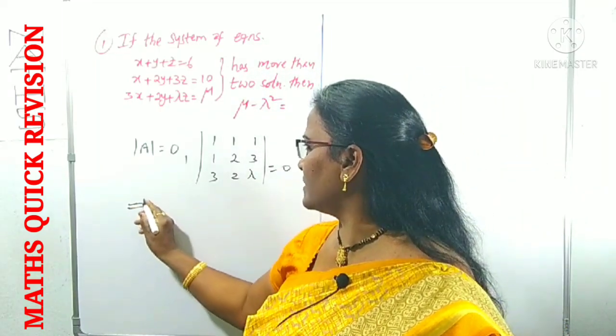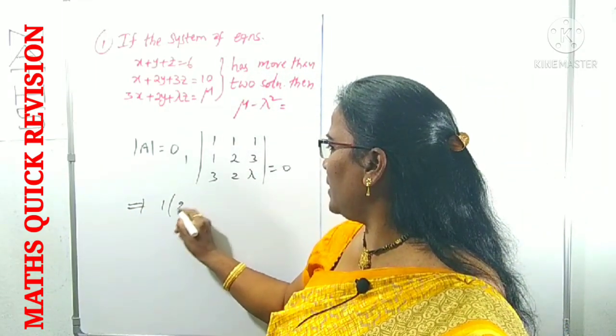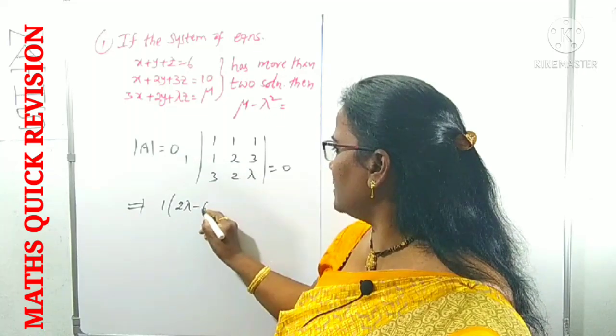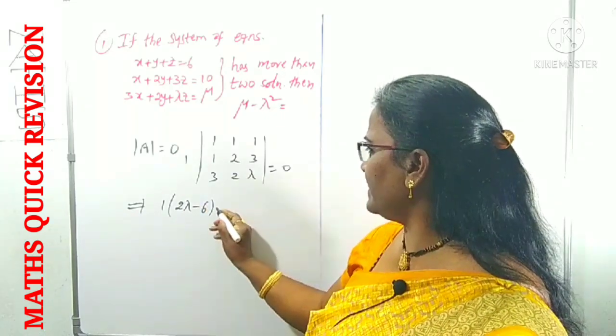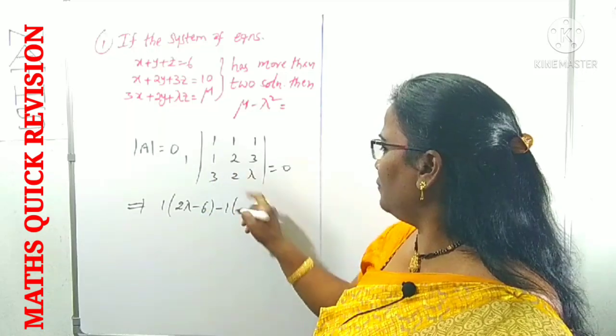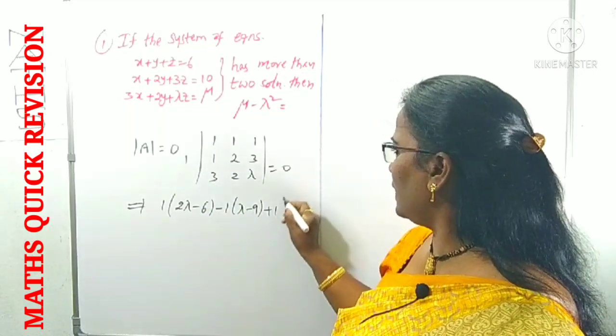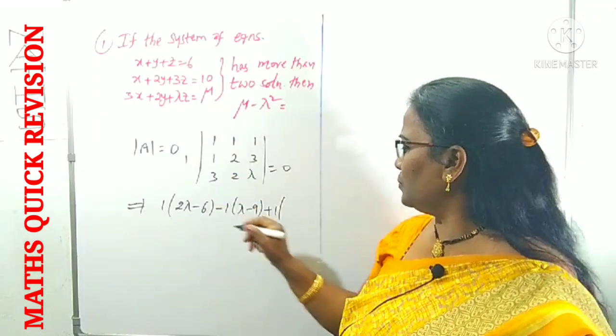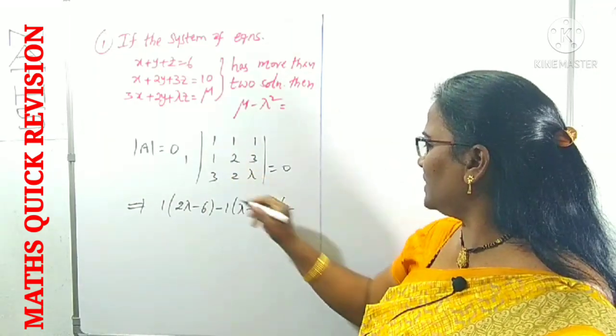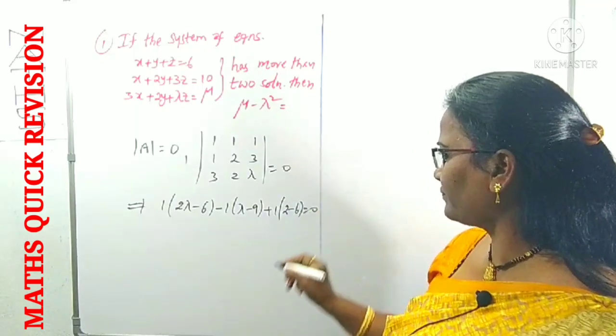And what is the expansion of this? 1 into (2 lambda minus 6), minus 1 of (1 into lambda minus 3), which is 9, plus 1 of (1 into 2 minus 2), equals 0.